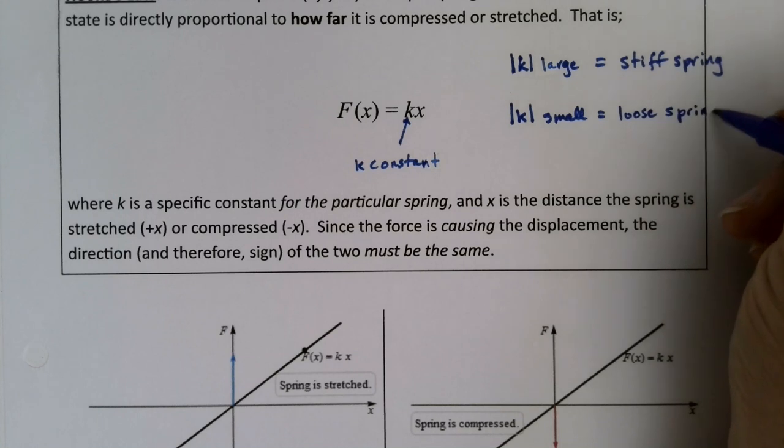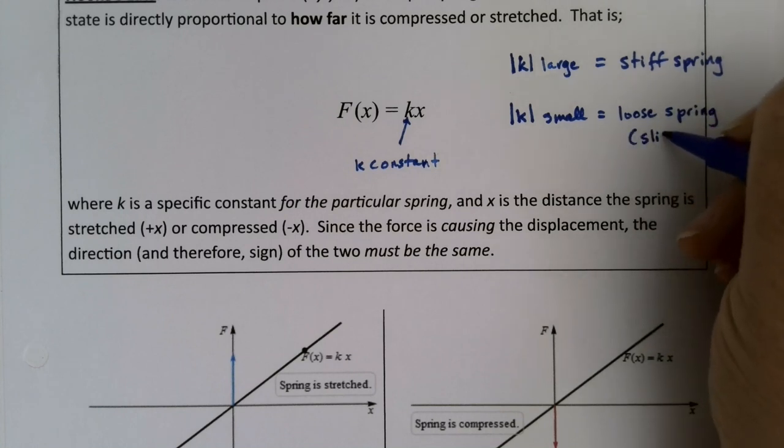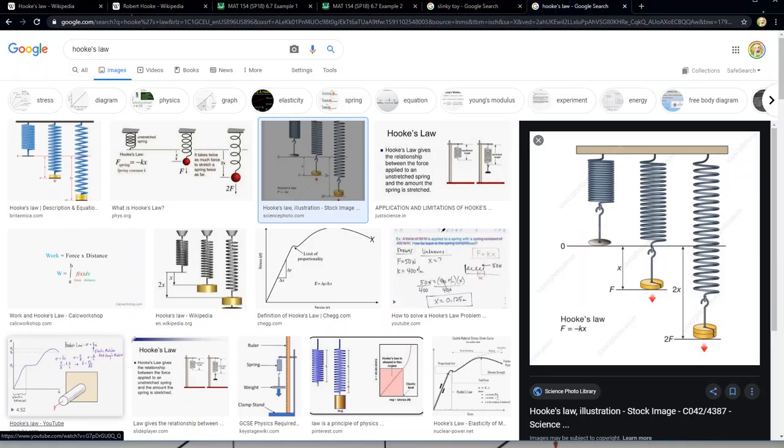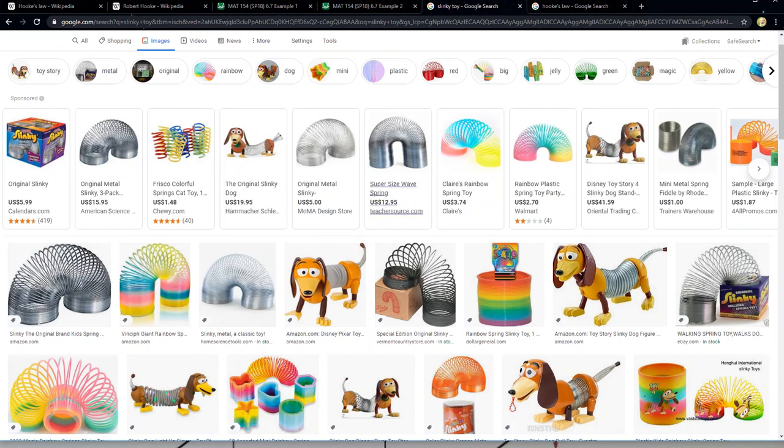Now, my example of this would be a slinky. A slinky is a toy that everybody loves to get because of the commercial, and then they get it and find they can't really do much with it after a while because the spring is so loose, its k value is so low that once you stretch it out, it basically can't be used again.